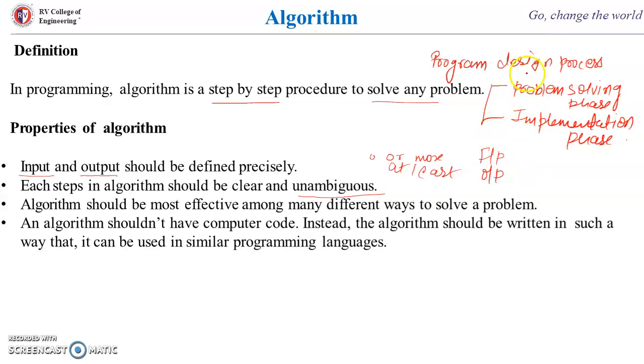So that is what I have told, the program design process. The first phase is writing an algorithm, and second phase we must be able to convert that algorithm into some programming language, and an algorithm must terminate in computable number of steps. So it should always terminate. So these are the properties of an algorithm.